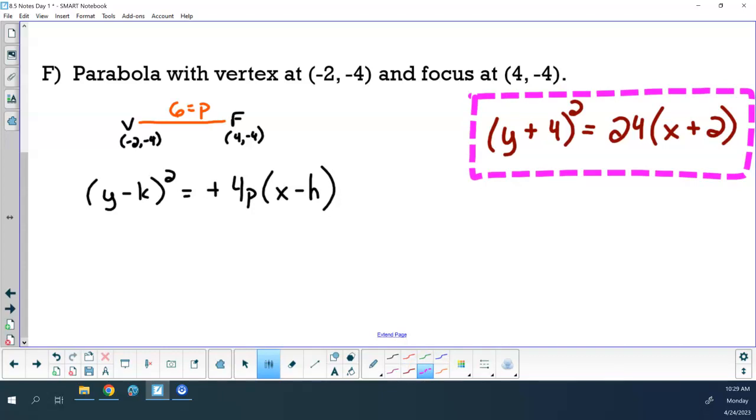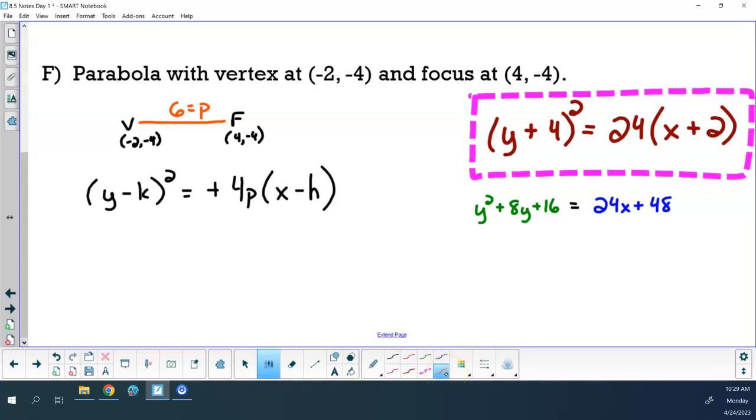If we were to expand that out to this week's form, we would have here y squared plus 8y plus 16 equals 24x plus 48.